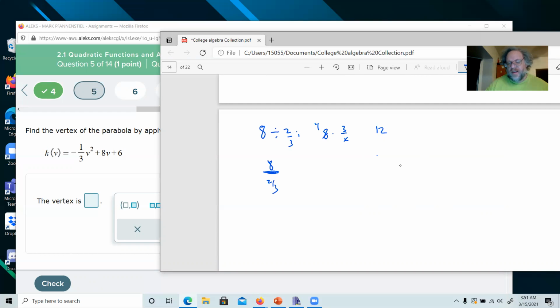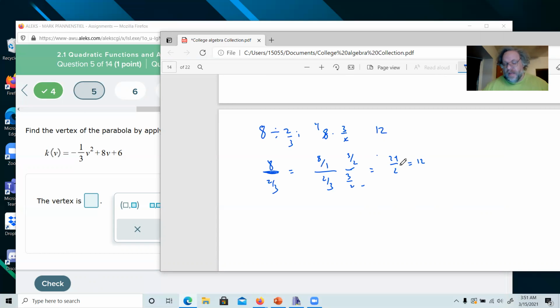We can write this as 8 over 1 over 2 over 3, and we multiply by 3/2. That all cancels out, and that is equal to 24 over 2, which is 12.